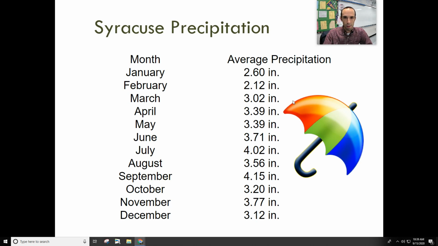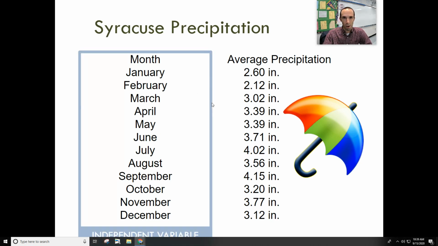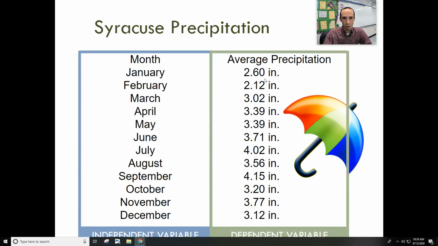Okay, this is a typical not graph, but a chart showing you changes in precipitation throughout every month, average precipitation in Syracuse. We could graph this information, and we'd have a really weird looking graph if it was a line graph. It would go up and down, up and down, up and down. A better way to graph this information would be in what's called a bar graph, right, where we're showing the relationships of each month, comparing them to each other.